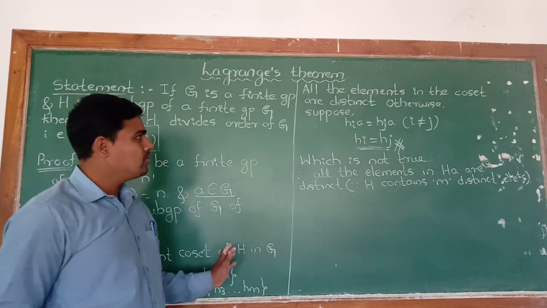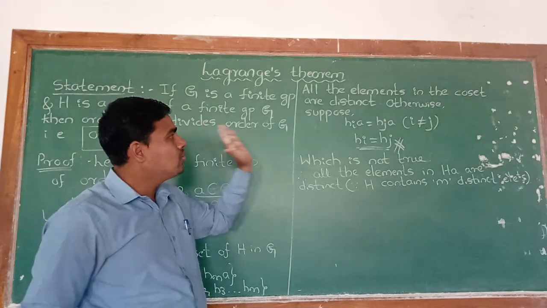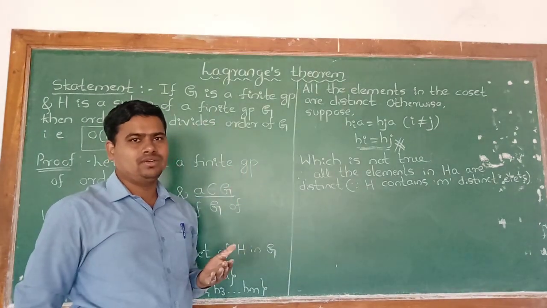Here we have proved all the elements in the cosets are distinct.